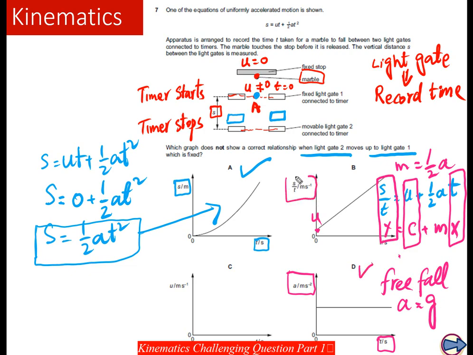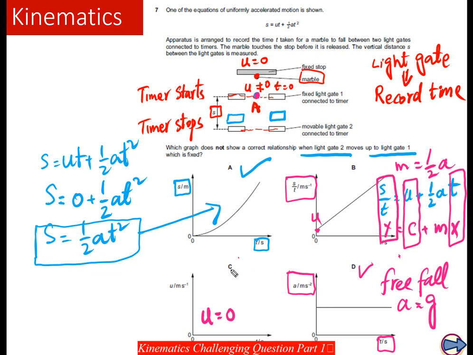As you can see, for S over t, on the x-axis we have time, so it has to be a straight line. But this one is not correct, because it is telling you that initial velocity is 0, but the initial velocity at point A is not 0.